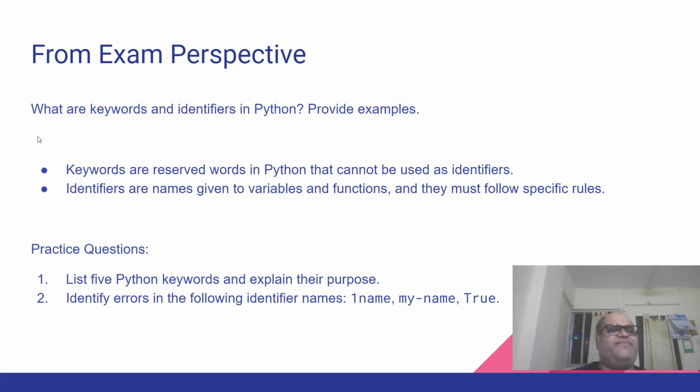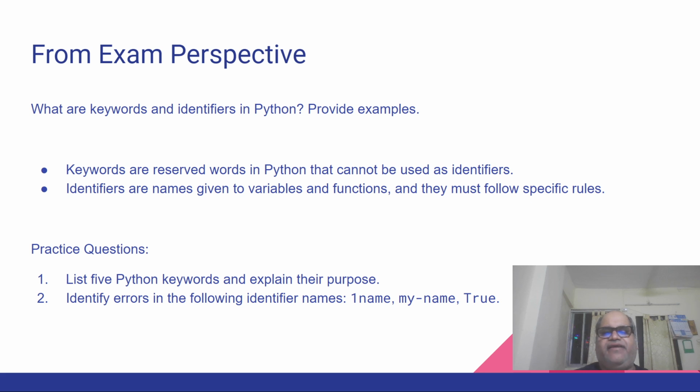So, if you are looking at identifiers, this one, why is it not allowed? Because this is starting with a one.